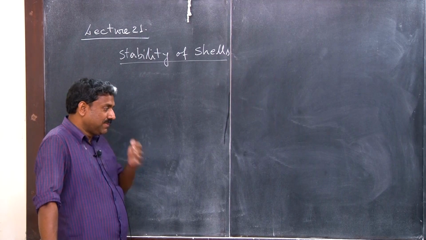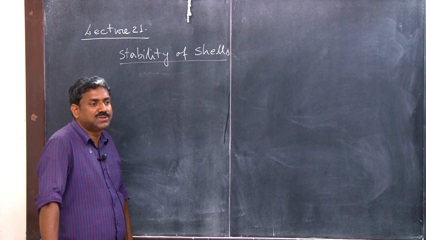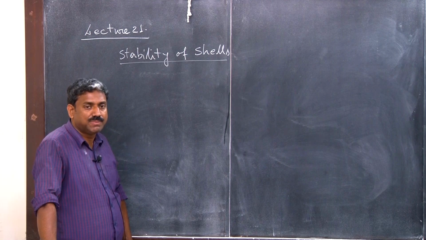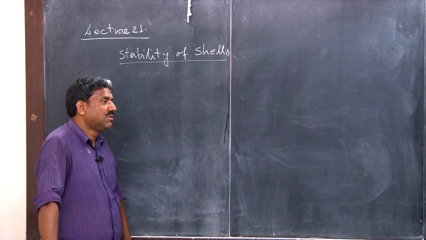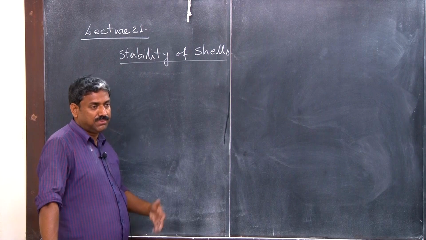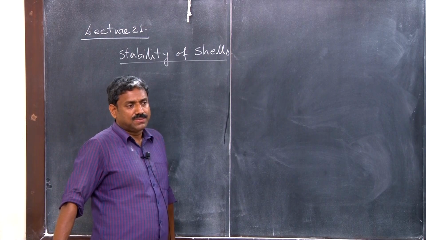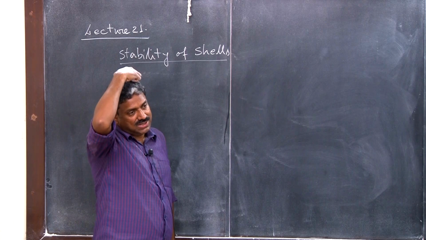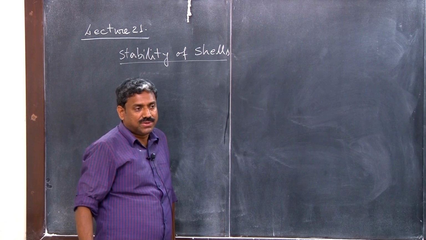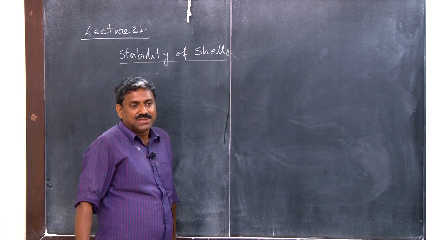Why this curvature? This curvature helps in establishing a balance between the bending action and membrane action. The way you have seen bending of an arch, the bending moment is reduced by the axial thrust, and that helps in reducing the bending moment.